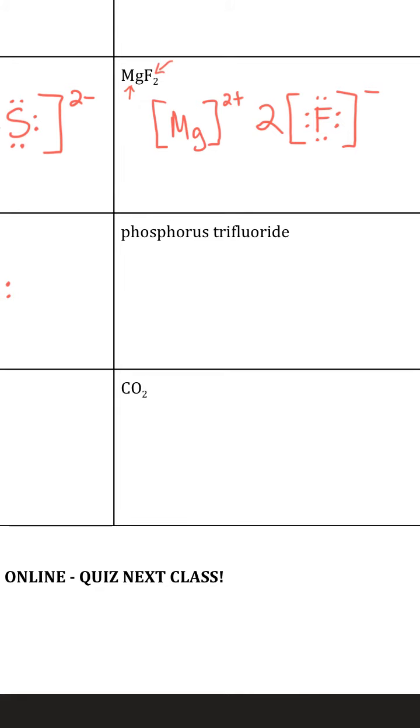They're both nonmetals, so it must be covalently bonded. It's trifluoride, so there's 3 fluorides and 1 phosphorus. So let's start off by drawing phosphorus in the middle, and we've got 3 fluorides surrounding it.